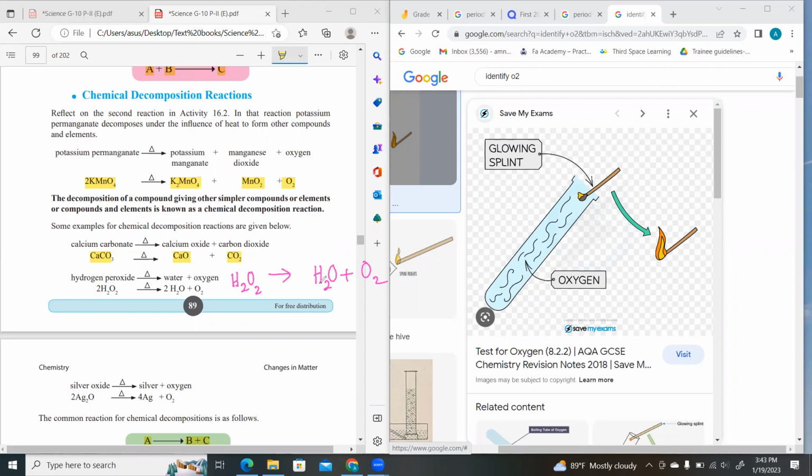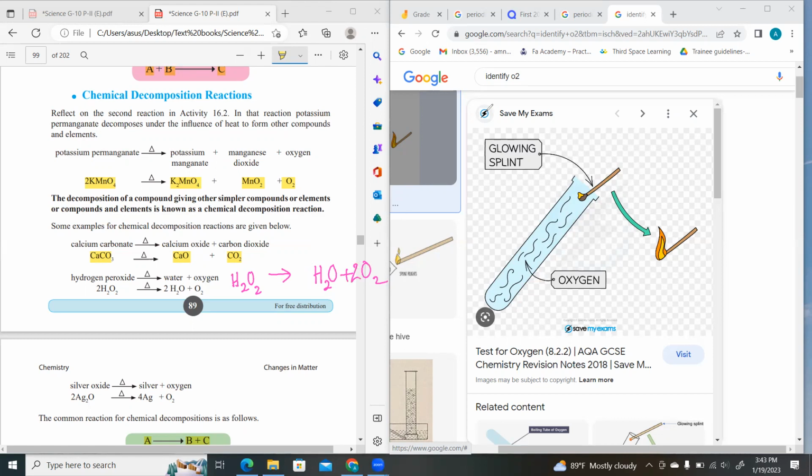You can see the oxygens are not balanced. When you consider hydrogen, you can see here hydrogen 2 and here also 2, but the oxygens are not balanced. In that case, you have to put 2 in front to make this an even number. Now let's say you put 2 here.